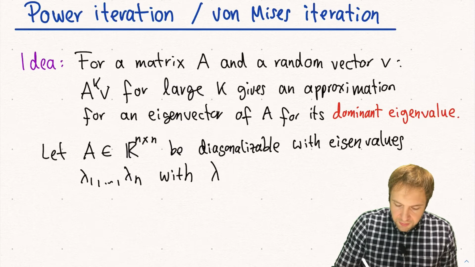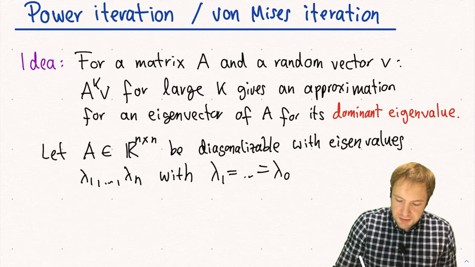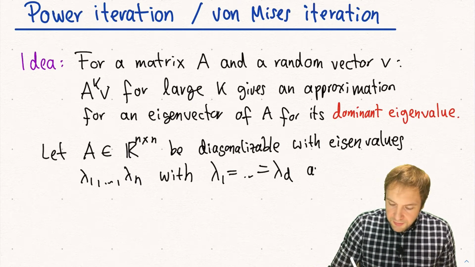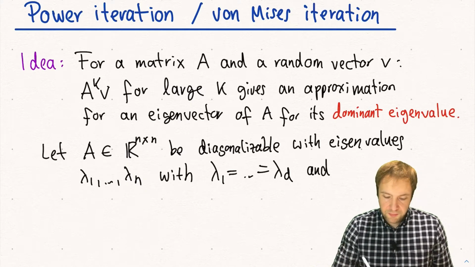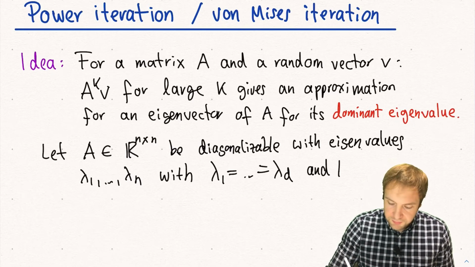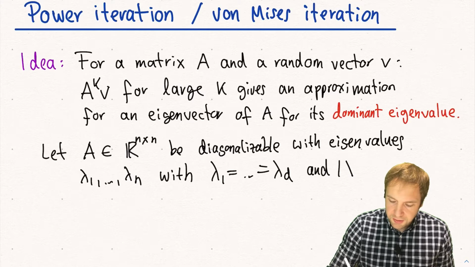And now we assume that lambda 1 equals lambda 2 up to lambda d. So the first d eigenvalues are the same, and then this eigenvalue lambda 1 is larger than the others. This is what we mean by dominant eigenvalue.